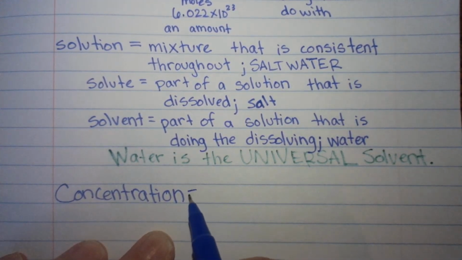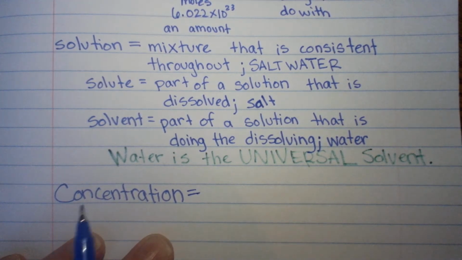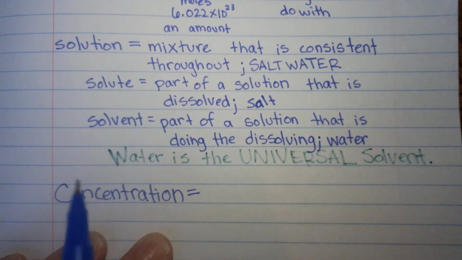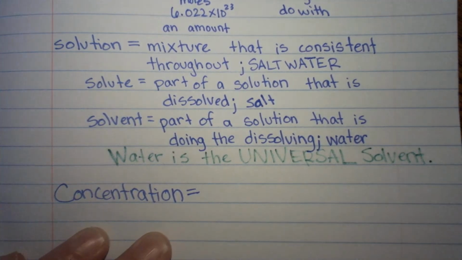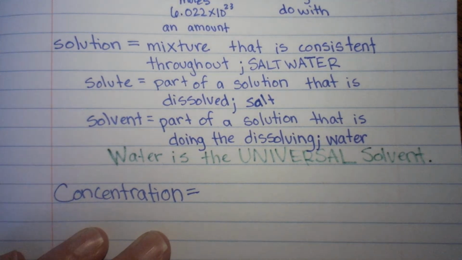Concentration. I'm not talking about when you think really hard on something. But when you see the word concentration, we're thinking about solutions. What does that word mean? Think about your sweet tea. Okay, how strong it is.